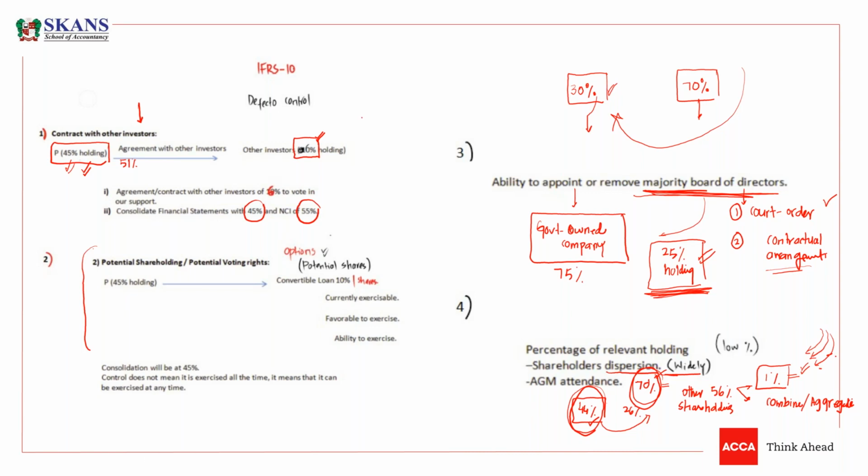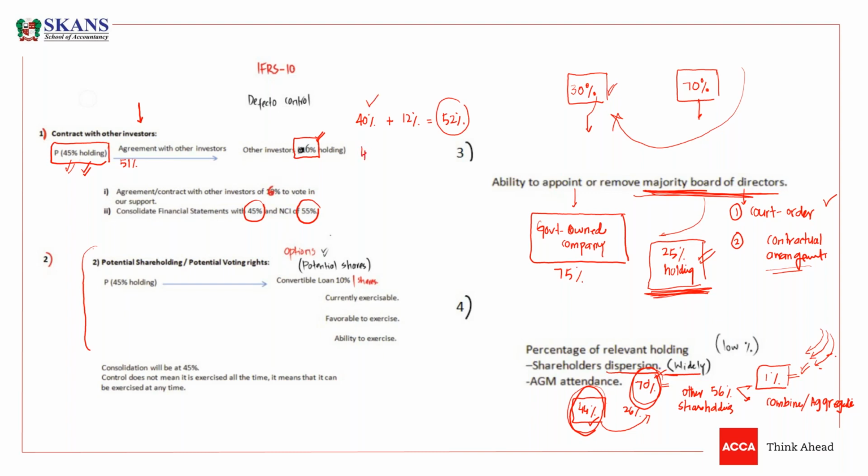Contract with other investors means if you have 40% and another investor has 12%, you can have an agreement with them. It will make you both 52%, and you can say you are controlling.